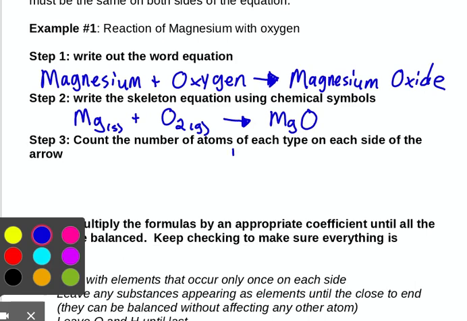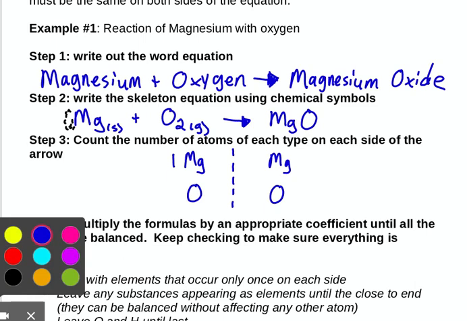What I like to do is draw a little line, and I count the number of each type. So I know I have magnesium on both sides, and I have oxygen on both sides. Remember that when there's nothing here, it means there's a 1. So that means that we have 1 magnesium.